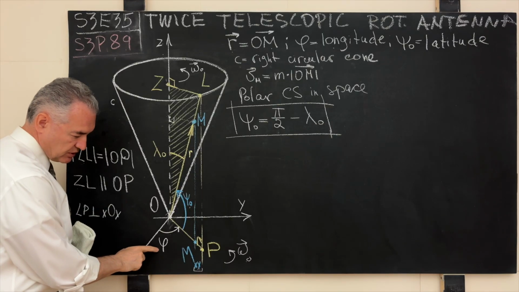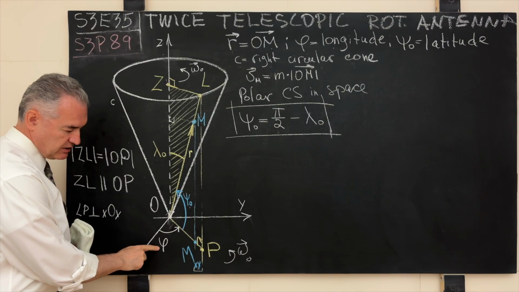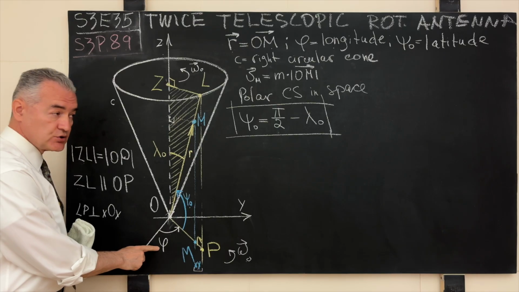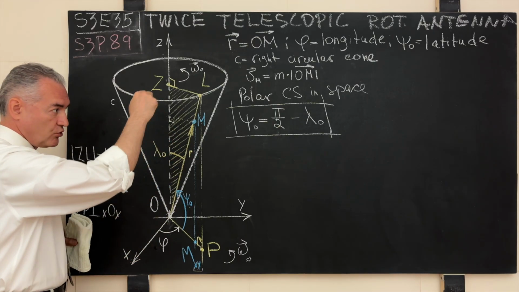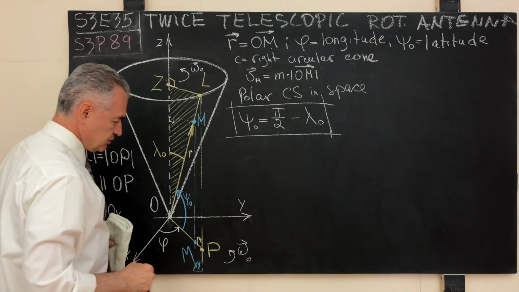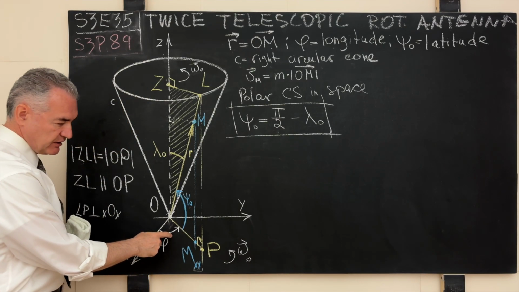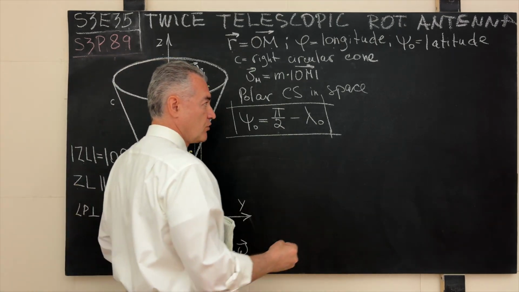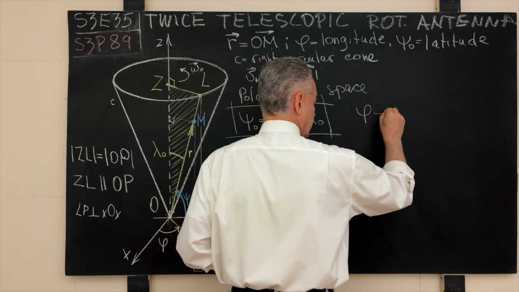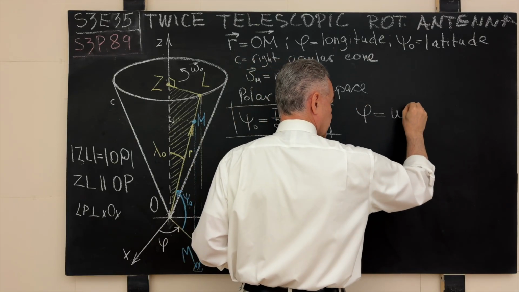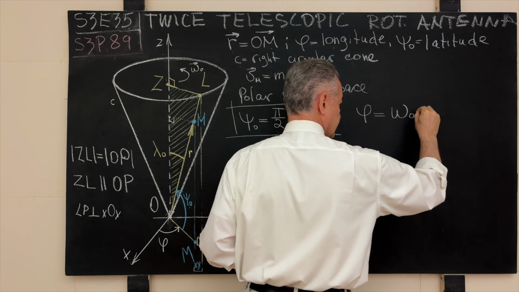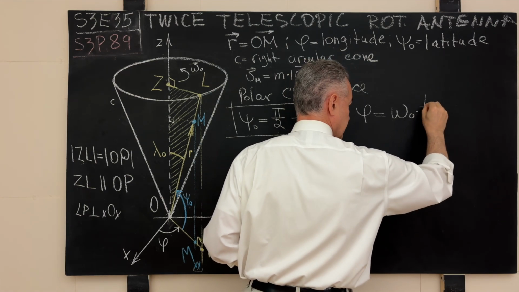Next, let's look at the dihedral angle phi, to which we refer as the longitude of the point M as it runs over the right circular cone. So what can we say about this angle? Well, it's also very straightforward. The magnitude of this angle by the problem statement can be captured as follows: omega 0 times t.